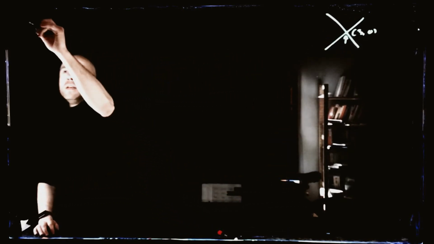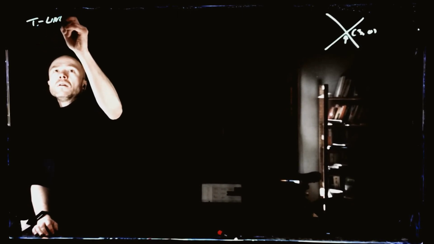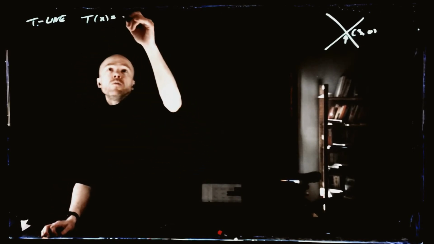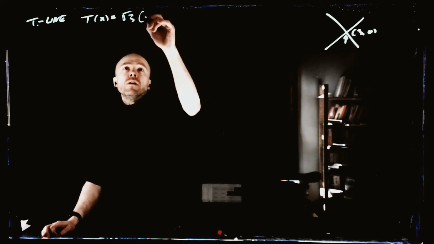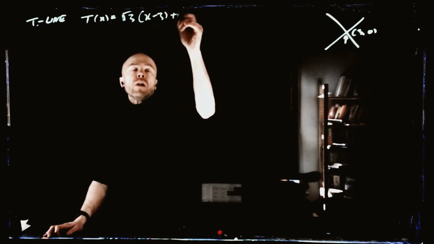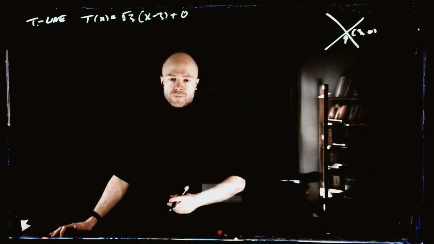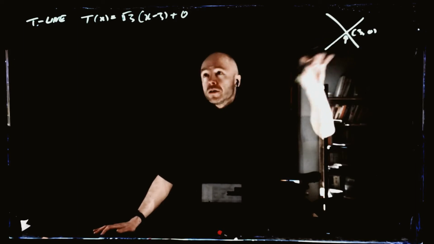So the tangent line would be y of x, and then it's the slope, which is √3, and then x minus the x coordinate, so x minus 3 plus where we are, which is just 0. So this is the tangent line at this particular slope here, at this particular point of the parametric curve here.